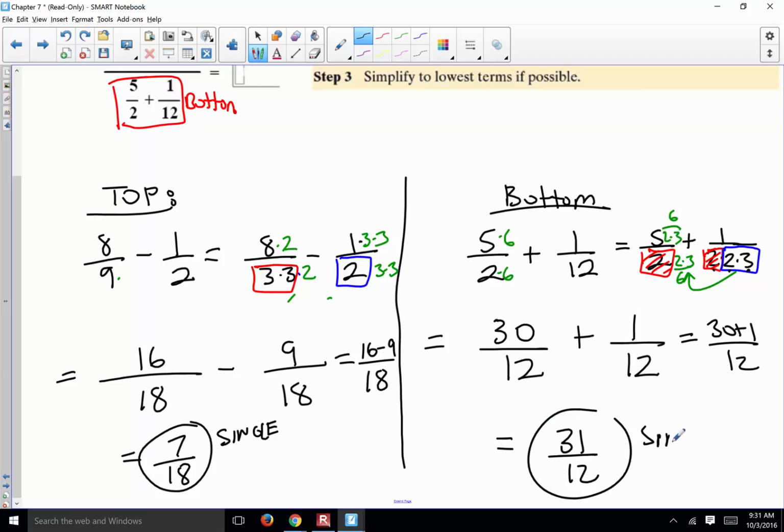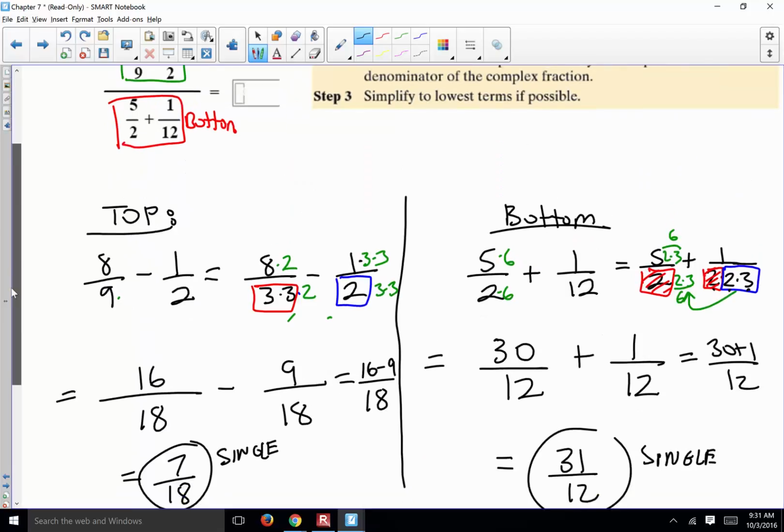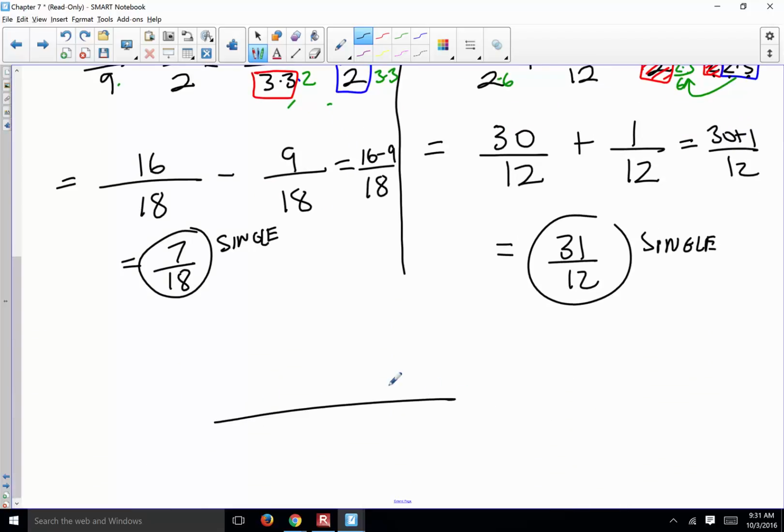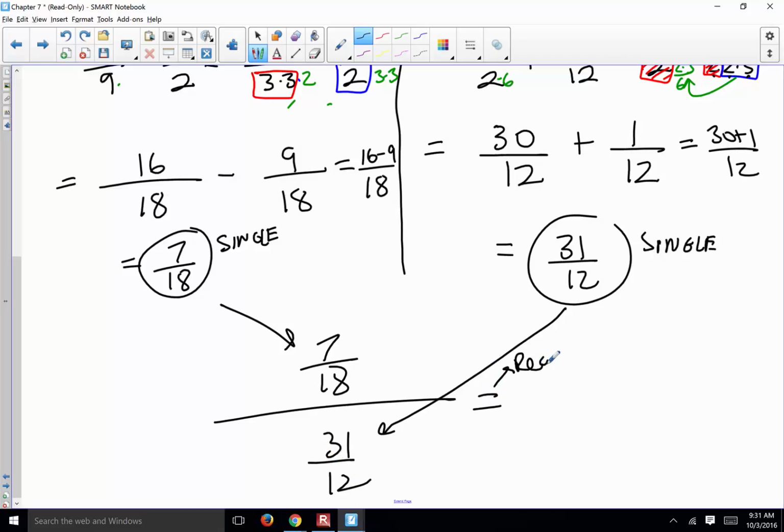That's a single expression on the top as well, bottom as well. So what we do next is we combine top and bottom back again. 7 over 18 goes here, and this guy goes there. Question is now ready. Ready for what?